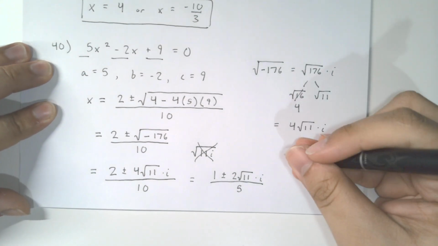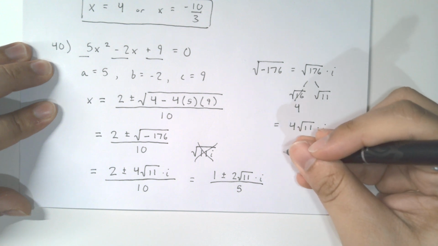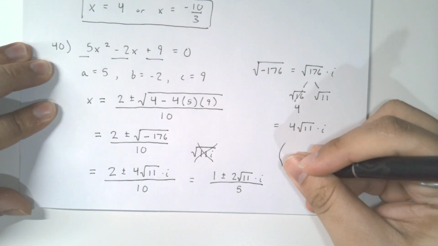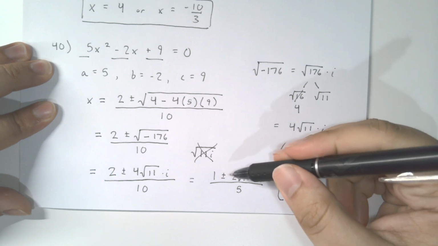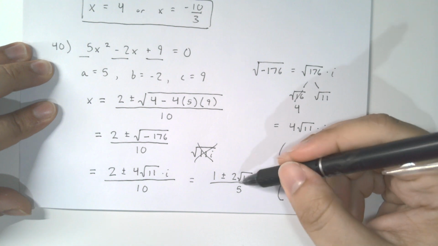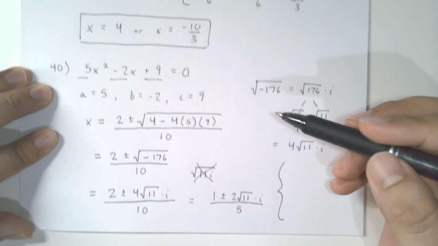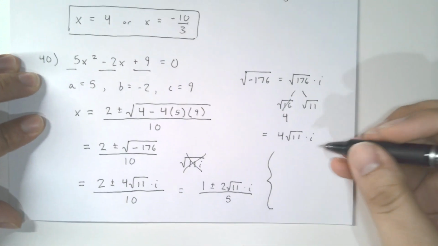It's okay. You do have 2 answers here. Just generally, if the only difference between your 2 answers is plus or minus, it's usually when we have a square root of a number here, and this doesn't reduce into nice numbers like we had over here in the previous problems.